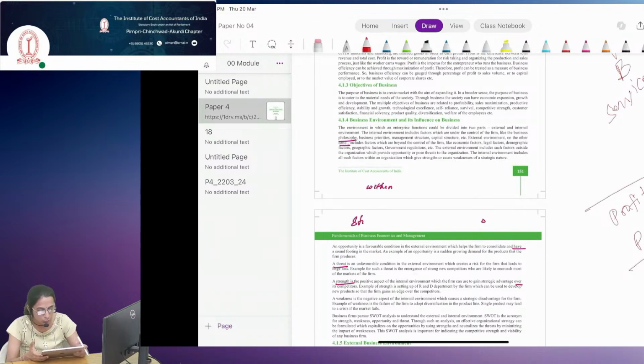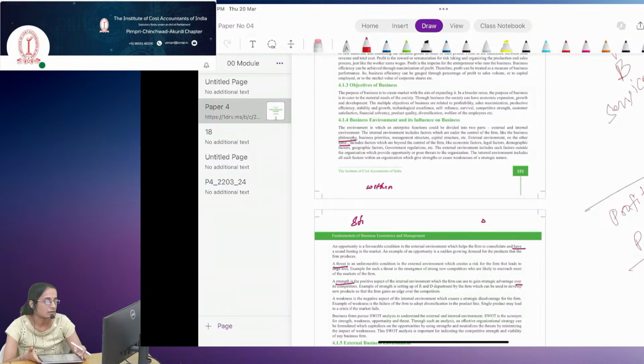Now we will see what is business environment and how it is influencing the business. We saw PESTLE analysis: political environment, legal environment, then we have environmental, economic. These all factors influence the business. How they influence, we saw at the start, in short. Now we will see it in detail. The environment in which an enterprise functions is divided into two parts, external and internal.